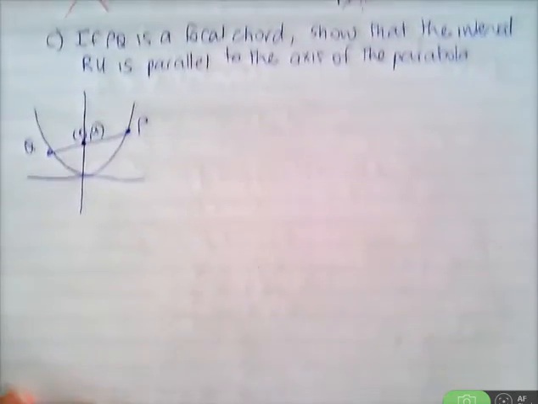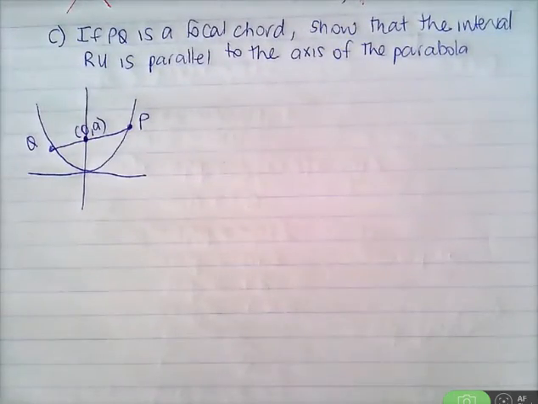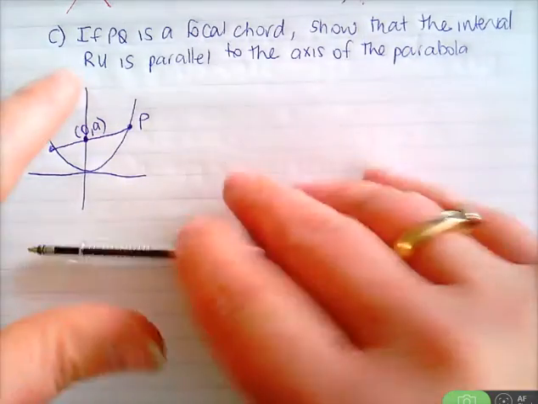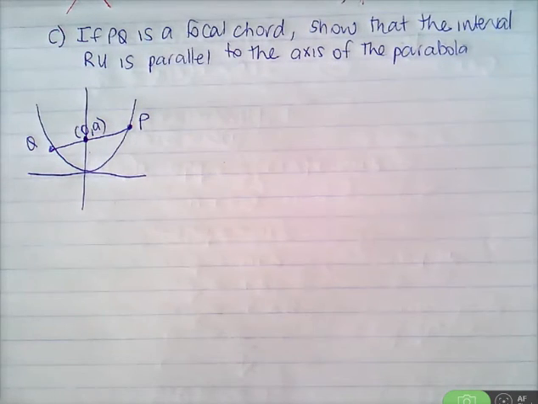So what you've got to do for part C, it doesn't tell you to do it, but hopefully in an HSC question they will. If PQ is a focal chord, in other words, it passes through the focus, show that the interval RU is parallel to the axis. Don't worry about that yet, let's just work with PQ.